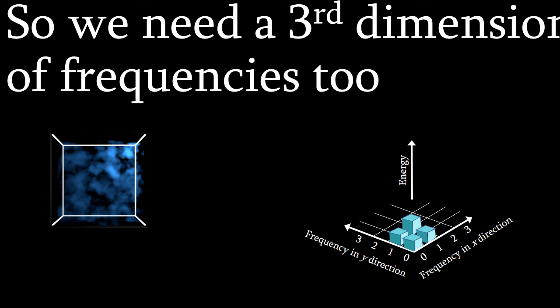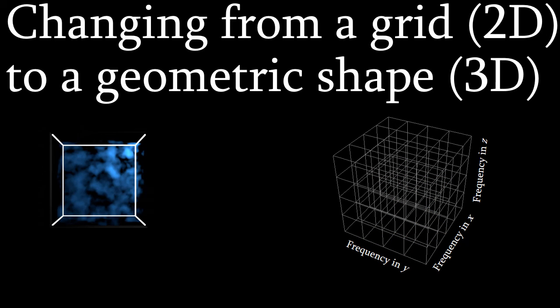So we need a 3rd dimension of frequencies too, changing from a grid of frequency coordinates to a geometric shape of frequency coordinates.